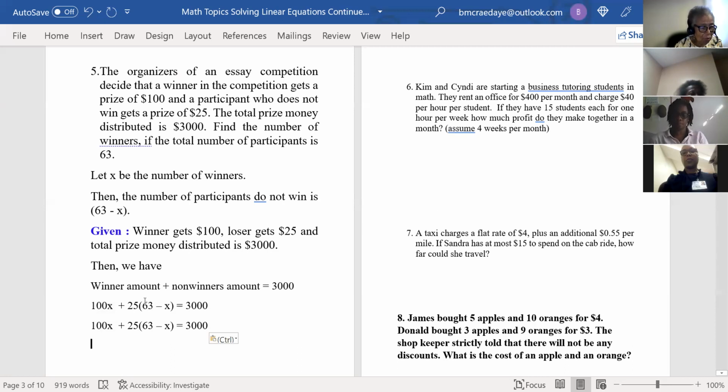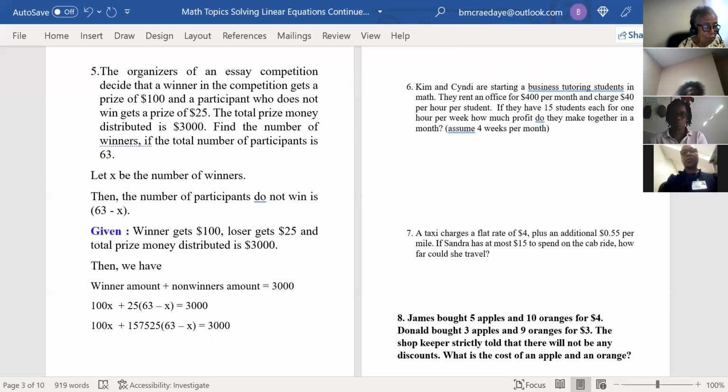You're going to multiply the 25 times the 63 and the 25 times a minus X. Now the 25 times the 63 is 1575.